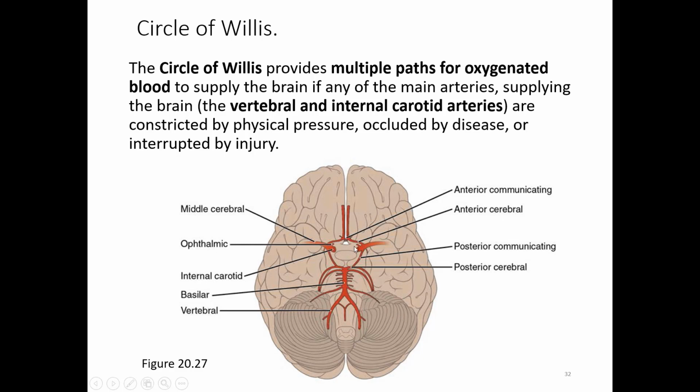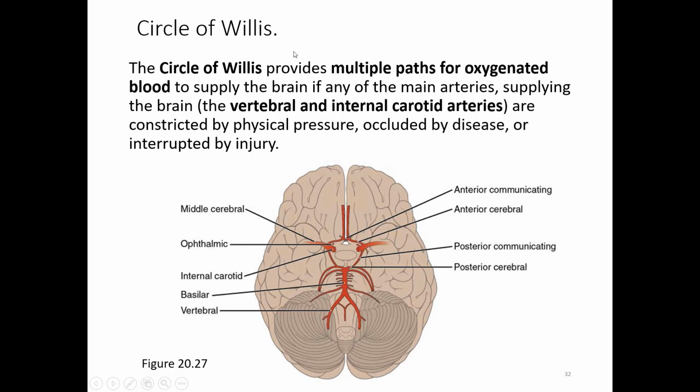So 2 internal carotid arteries and 2 vertebral arteries, left and right, go to the base of the brain, and that's where they form what is called the circle of Willis. The circle of Willis is an interconnection of those arteries. They are connected through the basilar artery, the left and right posterior communicating arteries, and the anterior communicating artery.